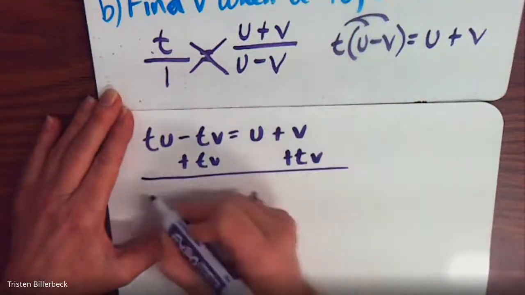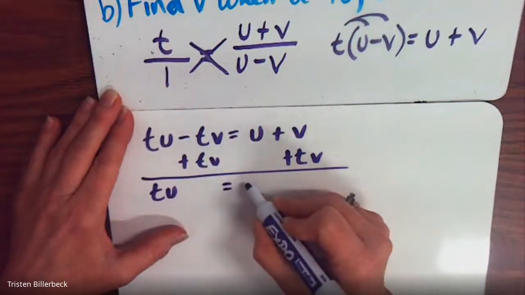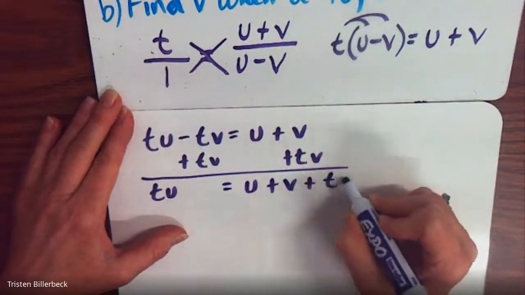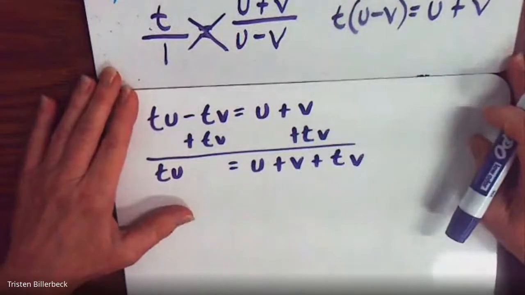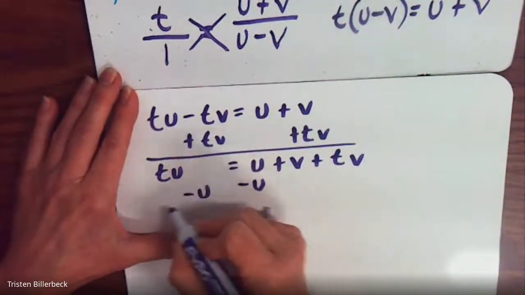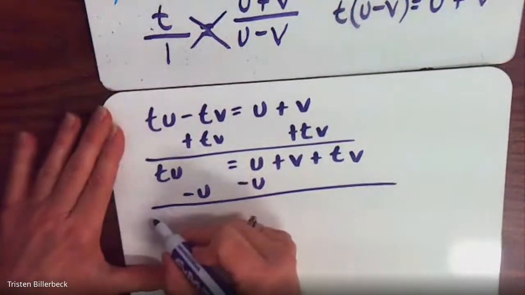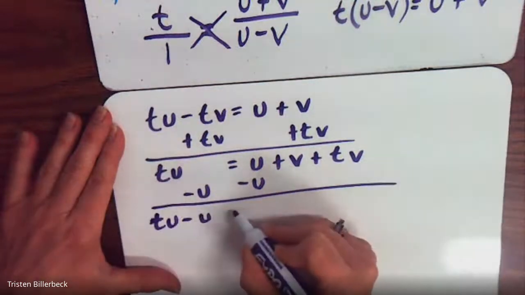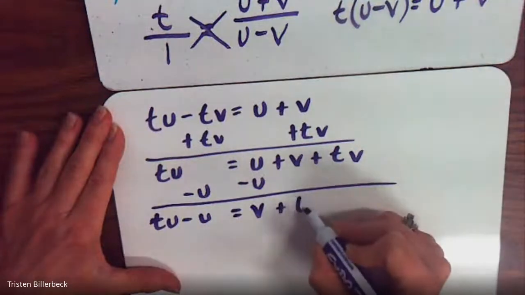That gives me tu equals u plus v plus tv. Now I'm going to subtract u from both sides. And that gives me tu minus u equals v plus tv.